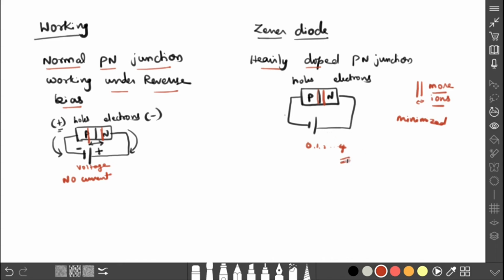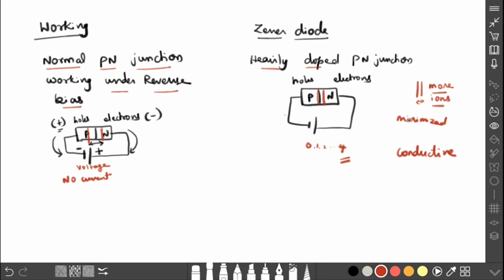So it can make the depletion region conductive. This part will become conductive. More and more electrons will come out from the covalent bonds, so that the depletion region becomes more conductive.